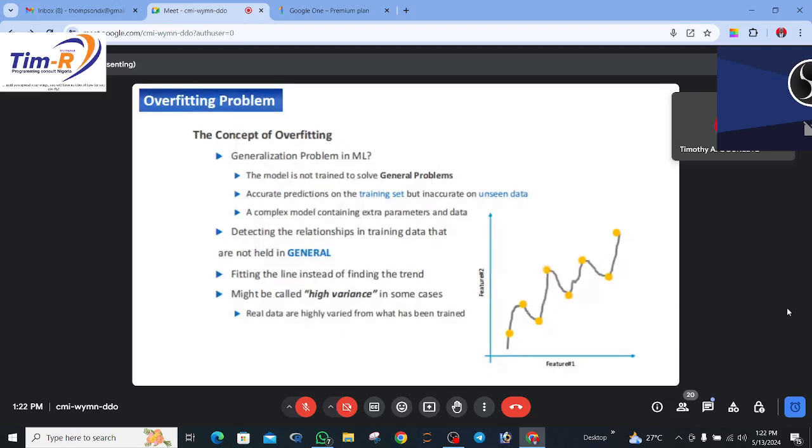Another cause is a complex model containing extra parameters and data that is not captured in the training process of the model. Another one is detecting relationships in training data that do not hold in general.